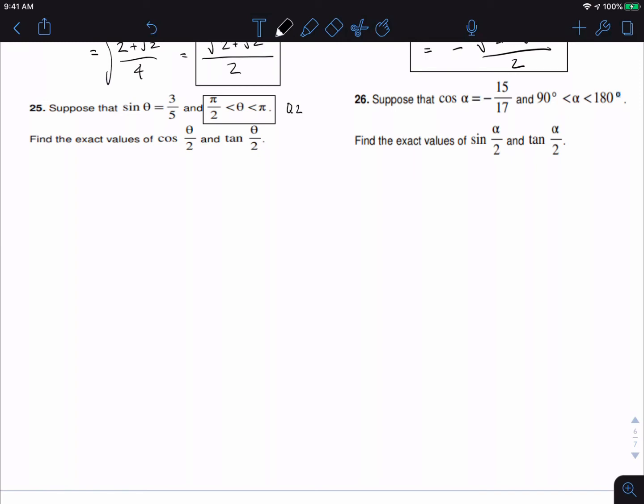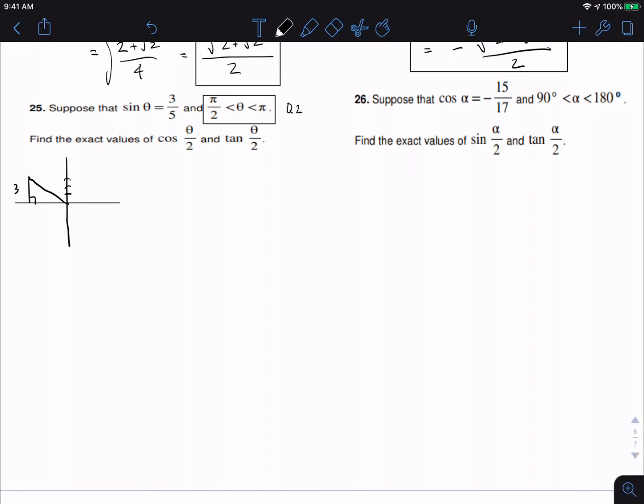So we know sine is 3 over 5. So sine, remember, is y over r. I know I have that right. So then if I draw a triangle, because I think it'd be useful to have a triangle, sine is 3, 1, 2, 3, and then our radius is 5, and so the triangle that we end up is this one.